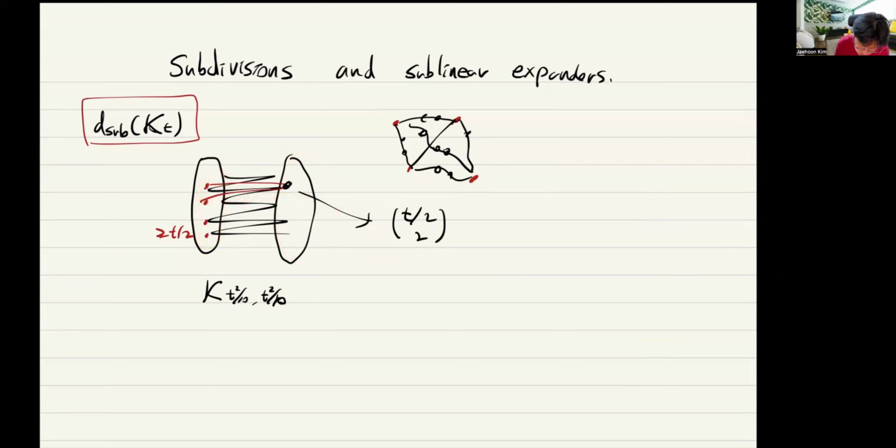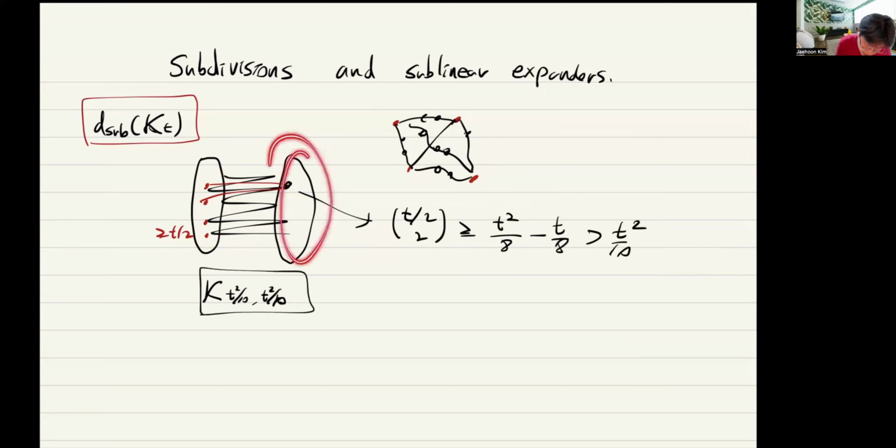That's at least T squared over 8 minus T over 8, which, assuming T is large, is strictly bigger than T squared over 10. So there are not enough vertices here to accommodate all these paths, so this does not contain any KT subdivision.